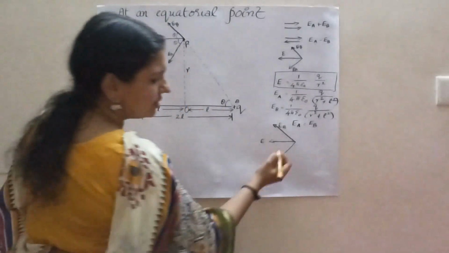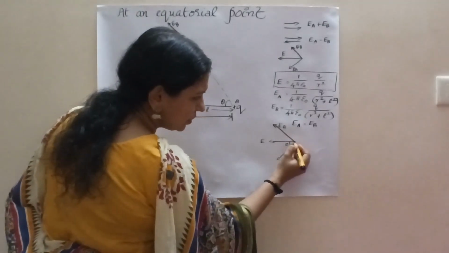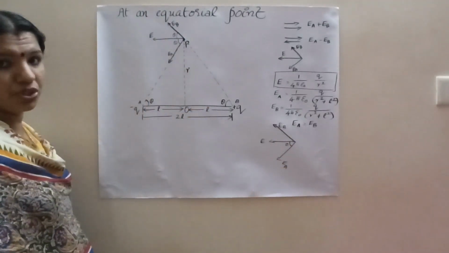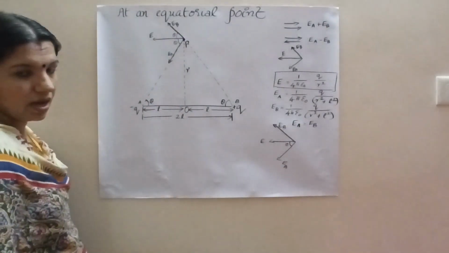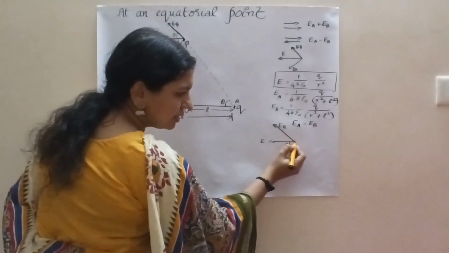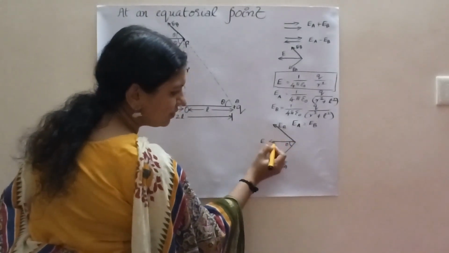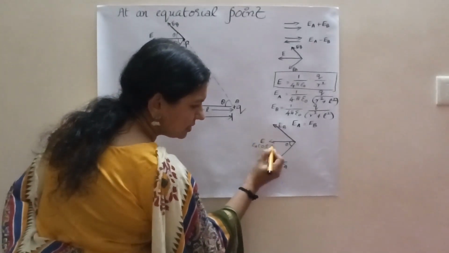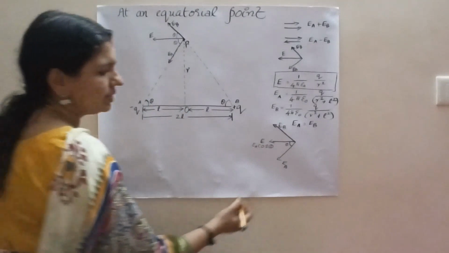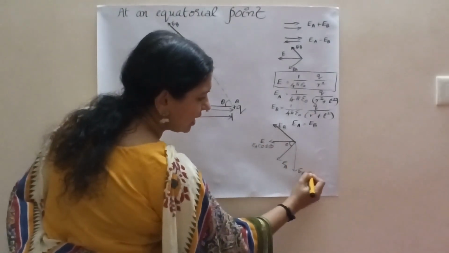Now listen, since this is making an angle theta here, according to vectors, you know the resolution of the vectors into horizontal and vertical components. So this EA is resolved into two components. Along this direction, a horizontal component called EA cos theta, and in this direction it will be EA sin theta.